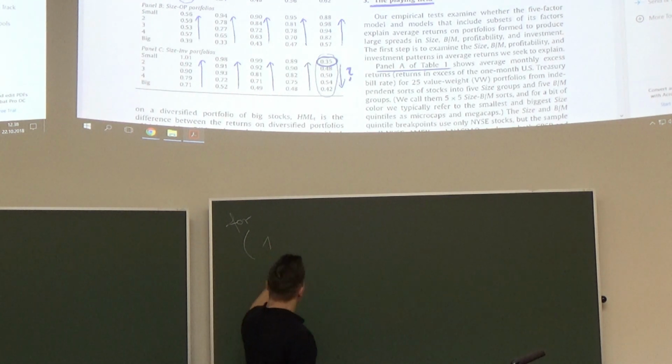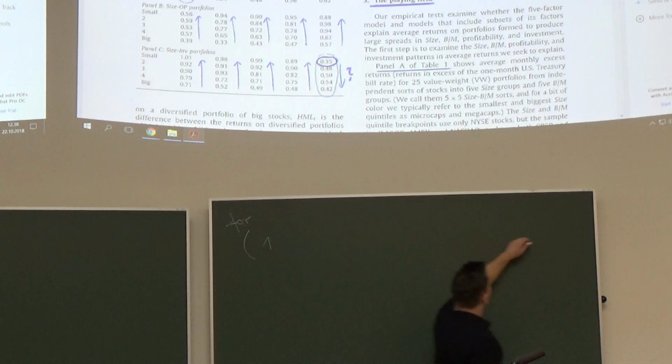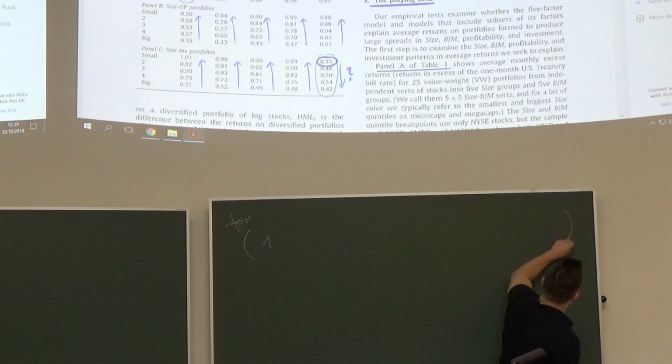So you code a binary dummy that, if you have 25,000 stocks, is a 1 by 25,000 row vector.